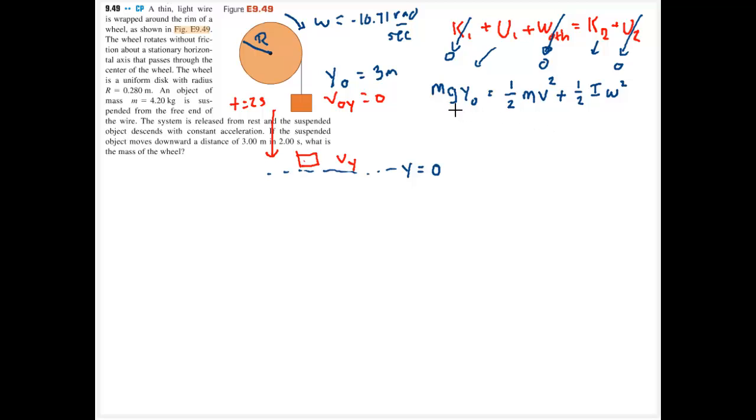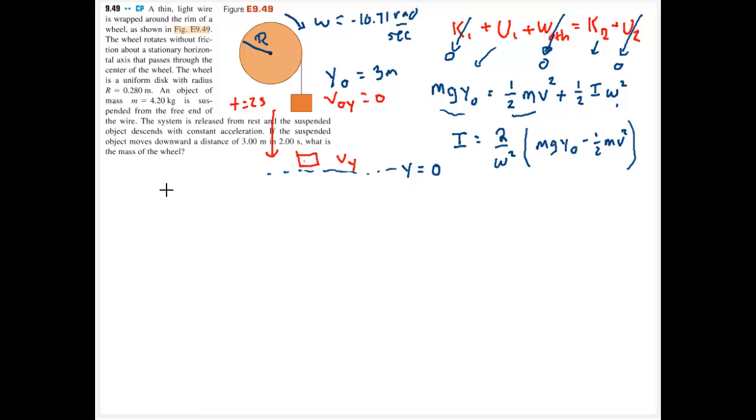I know all of these terms, so I can solve for the moment of inertia of the disk, which after a little bit of algebra is simply going to be 2 divided by omega squared, times mass times gravity times y naught, minus 1/2 mass velocity squared.